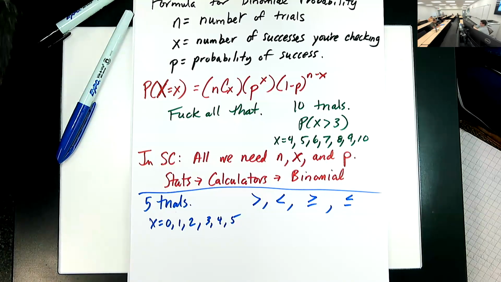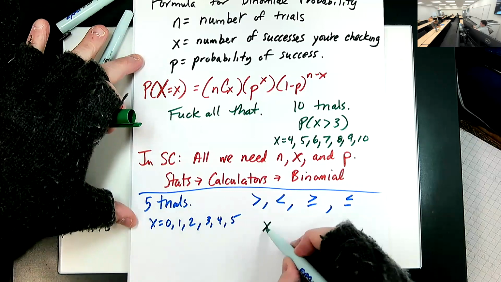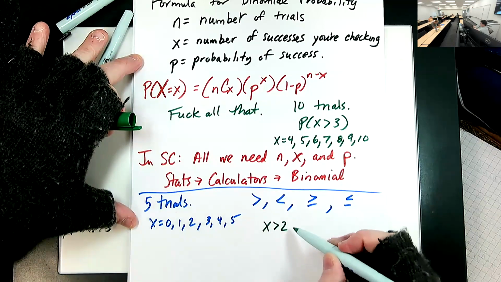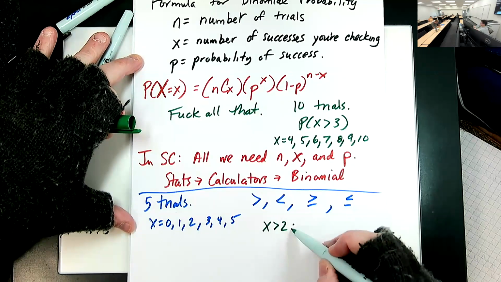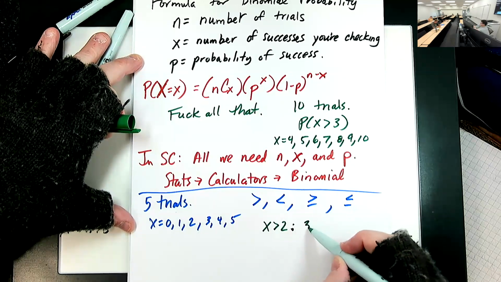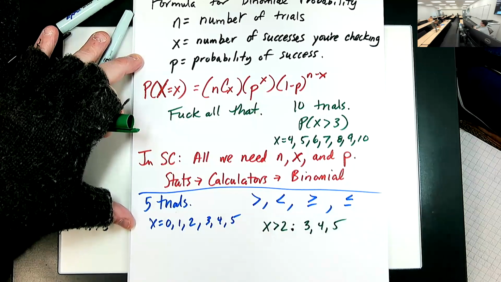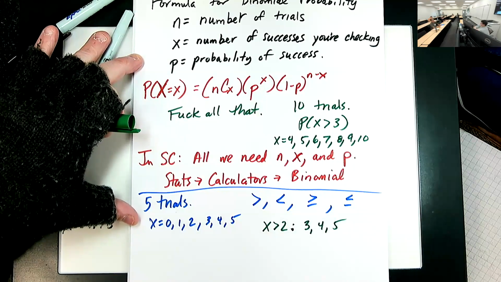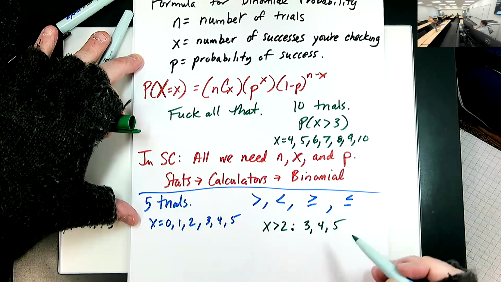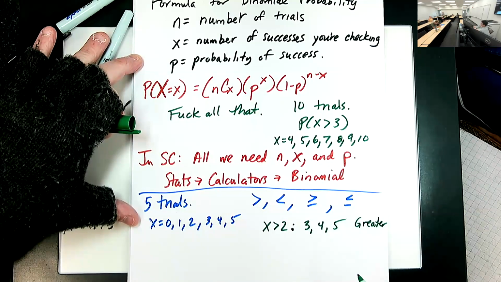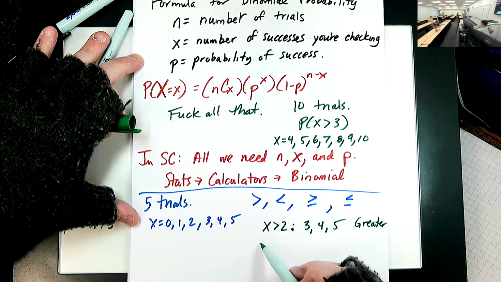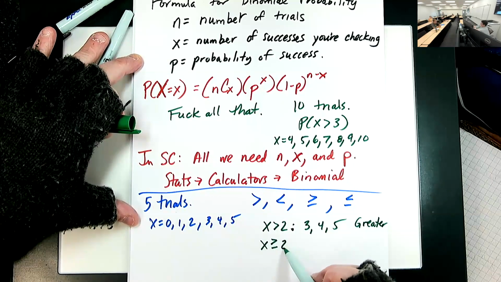If I say x is greater than 2, I am looking for numbers that are larger than 2 but don't include 2. That is 3, 4, and 5. So this is the greater than symbol. This differs from that one.